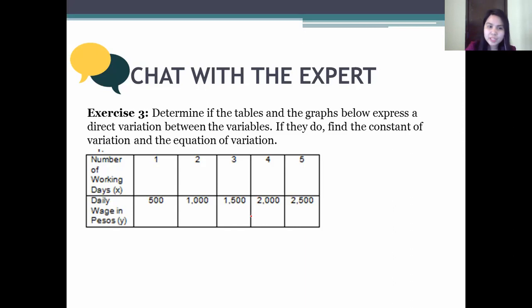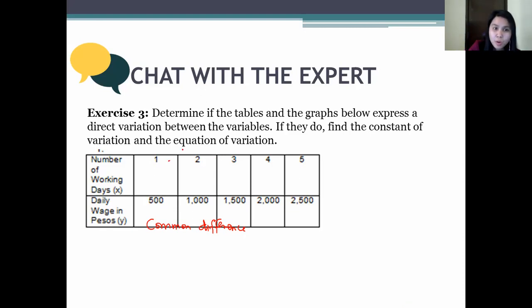Actually, in a direct variation, we have what we call common difference. We say, what's the difference from one number to another number? If the common difference is consistent, like for example, if the gap is by 2, so 2, 4, 6, 8, 10, then it's possible that it's a direct variation.